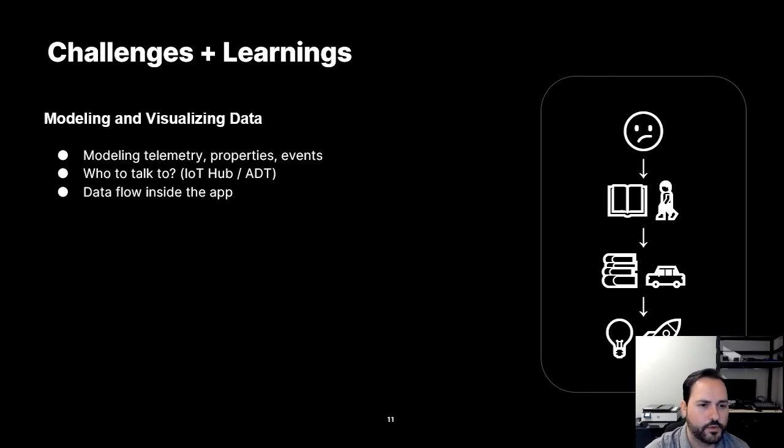In all that, we had to think about how to model the data. There were different parts of it, like telemetry, which is the sensor data streaming continuously from the devices through the whole pipeline and into the app. There's the properties, which only change when something happens.